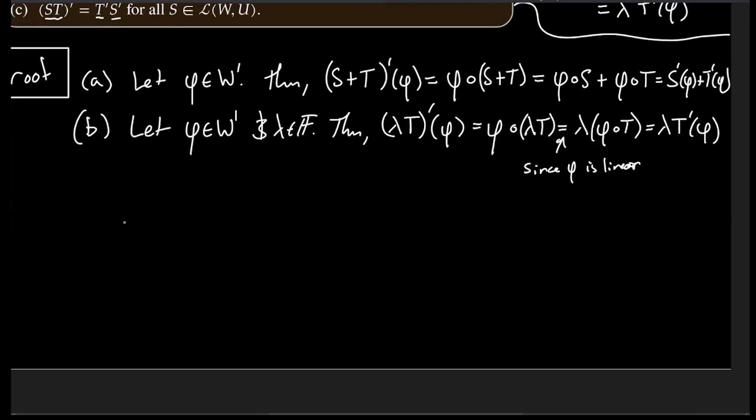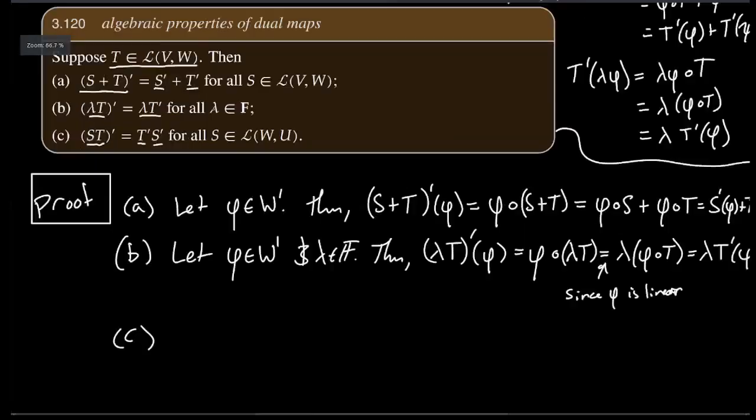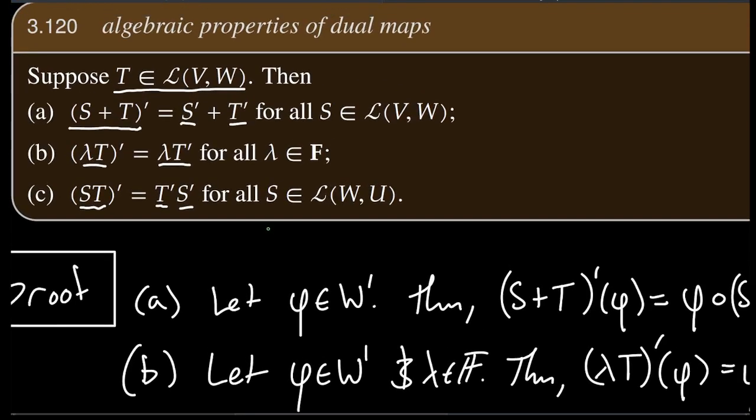Nice. C is perhaps the one that's actually kind of interesting and potentially a little bit harder to prove. Why does the order flip? What on earth is going on there? Well, let's just do it the same way. Here we've got S in L(W, U).